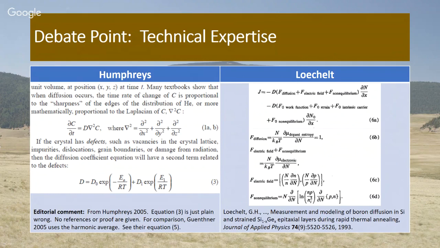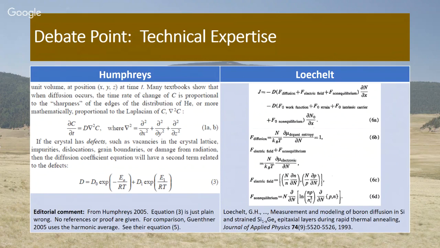And this is an example of just something from Humphreys' side. It's at a technical level that I would consider typical of, let's say, an undergraduate textbook, not really what I would consider to be state-of-the-art diffusion science.